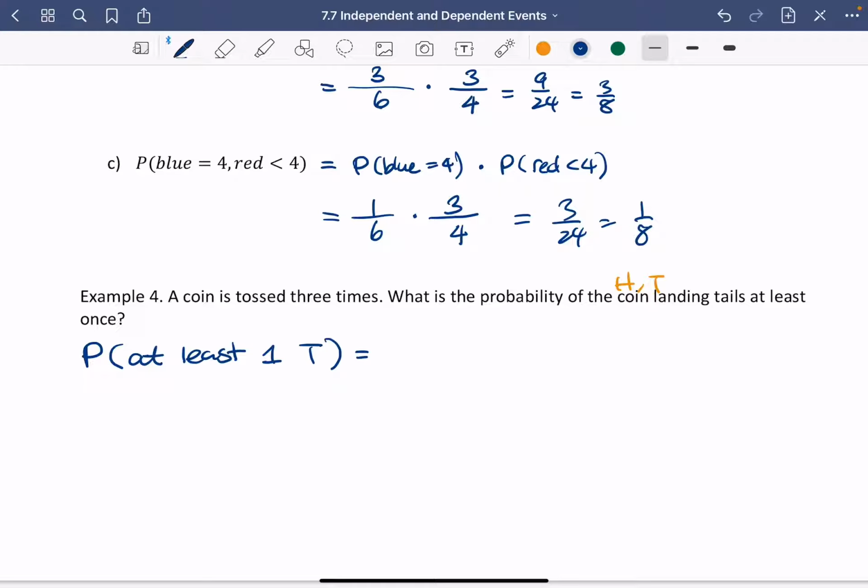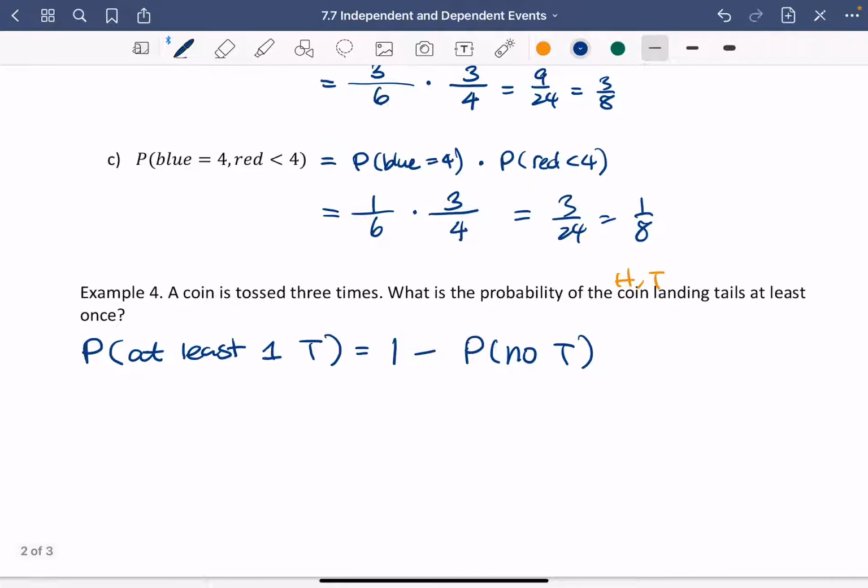At least one tail means it's 1 minus the probability of no tails at all. No tail at all. So if you're tossing the coin 3 times, what combination would you have if you have no tail?